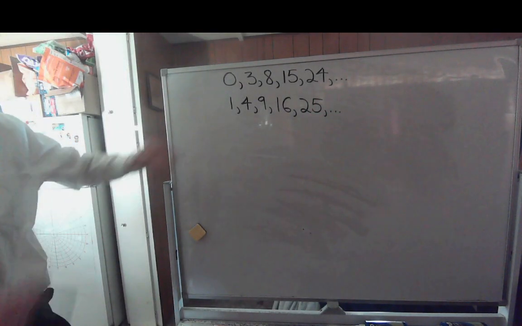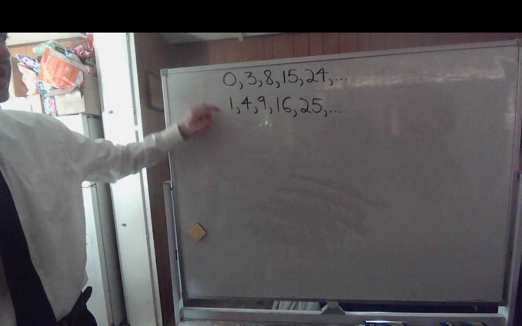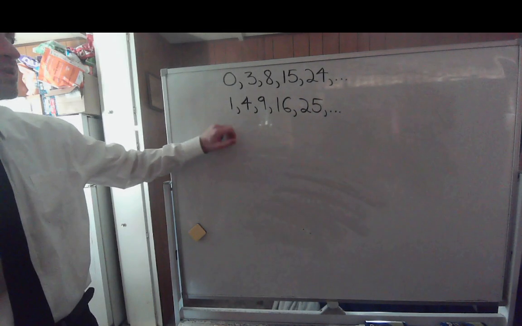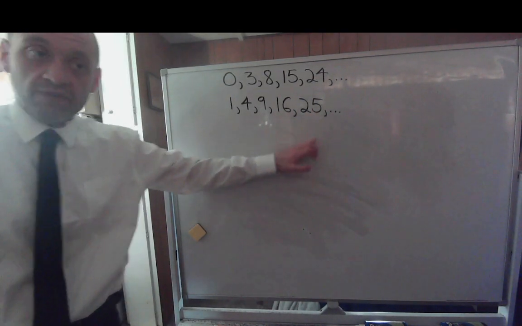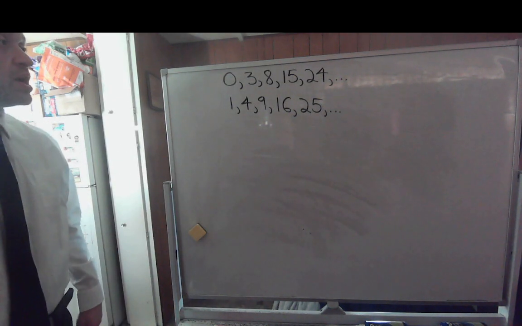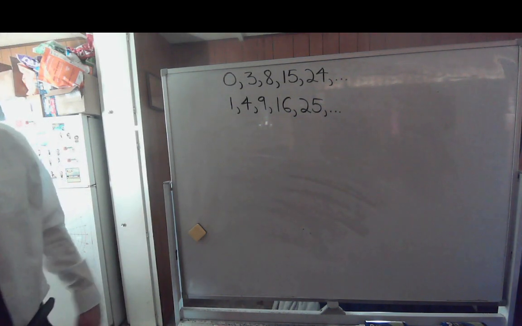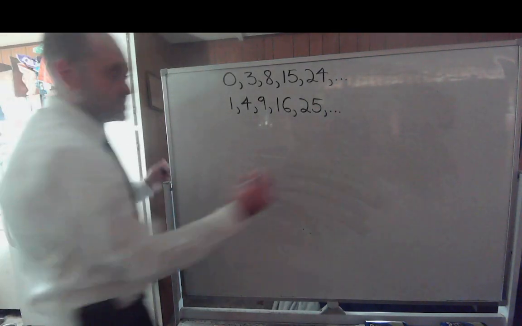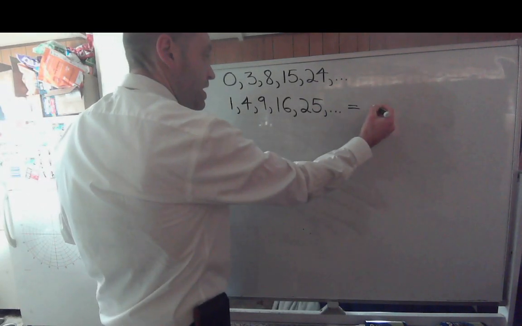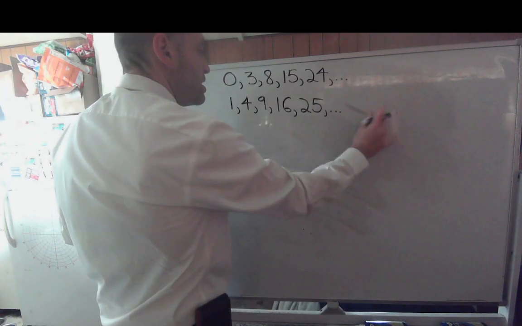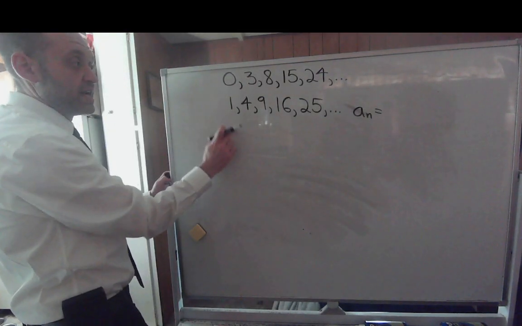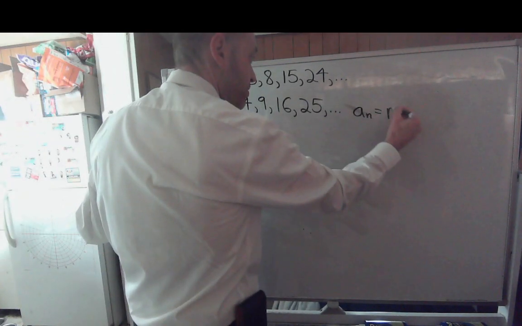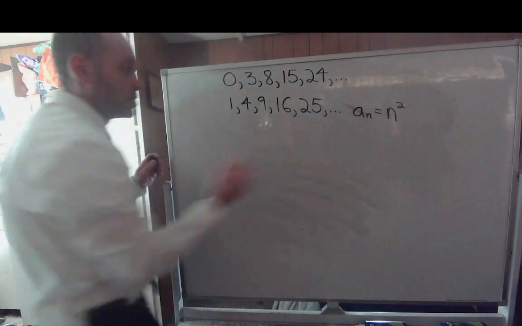Look at this, okay? This sequence is literally off by one number from this sequence. 1, 4, 9, 16, 25. Well, isn't it true that to find the term you need, you're literally just going to take the number of the term you're on and raise it to the second power, right?